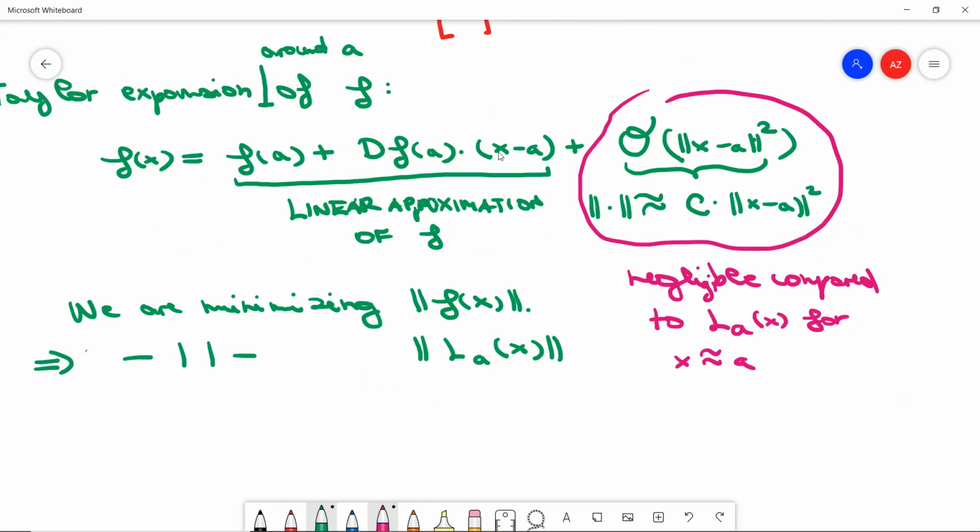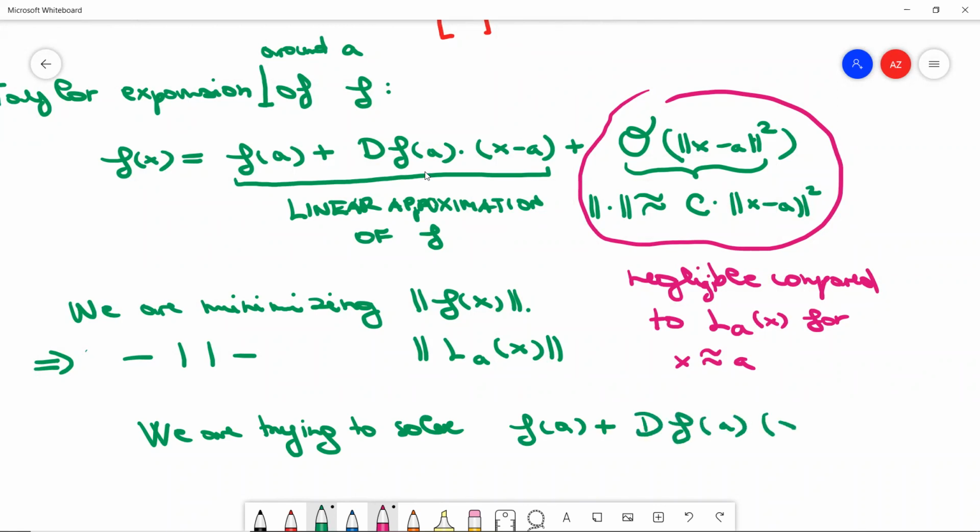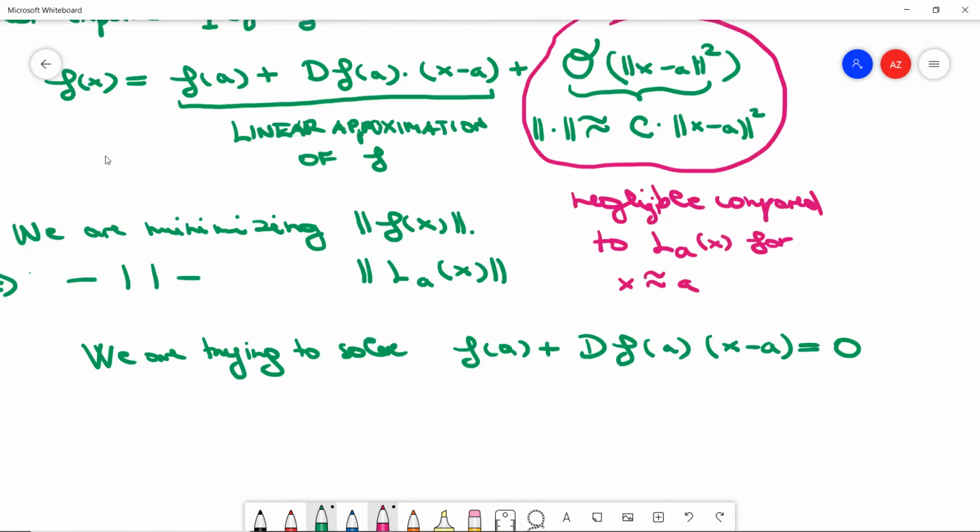This is just a linear system. We are trying to solve f of a plus Jacobian of f in the point a times x minus a is equal to 0. So our variable is x. We write this in the linear system form: Jacobian of f in the point a times x minus a is equal to minus f of a.